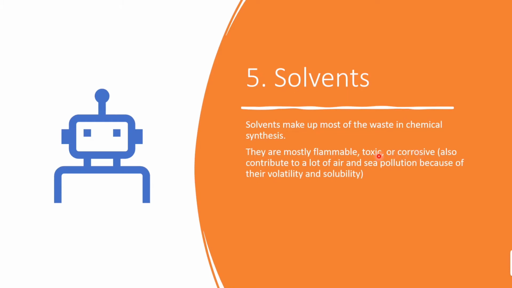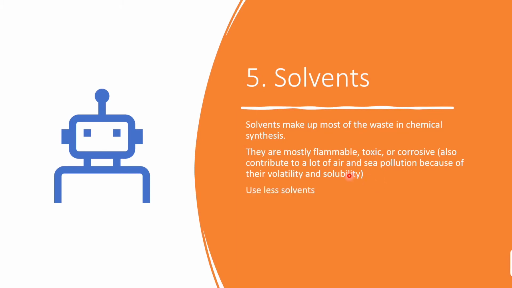They also contribute a lot to air and sea pollution. This is because most solvents are very volatile, so they evaporate easily and can contribute to air pollution, or they are very soluble, so they will dissolve in water and cause sea pollution. Overall, our solvents aren't very environmentally friendly.